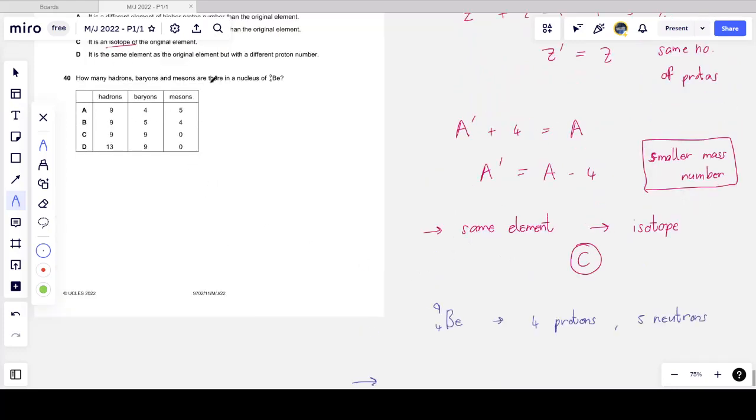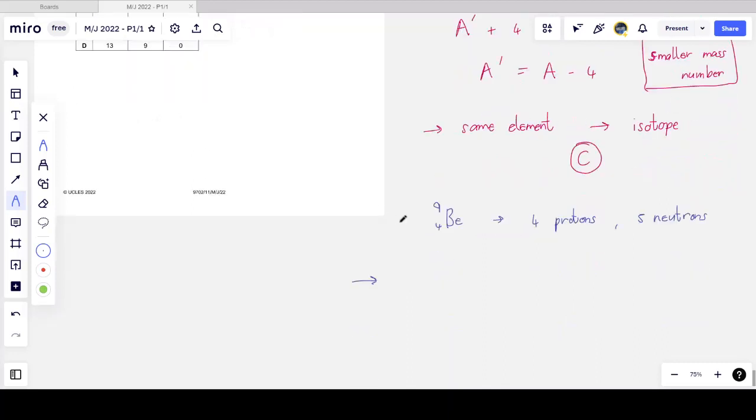So we need to divide the particles into their classifications. Now, any particles that can experience the strong force we call hadrons. And so, how many particles can experience the strong force? All of them. There are 9 hadrons, 4 protons and 5 neutrons, all of which can feel the strong force.